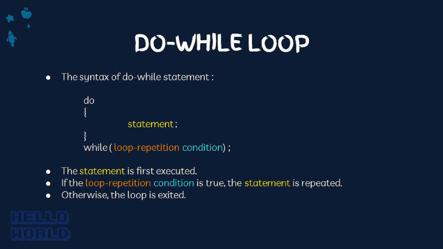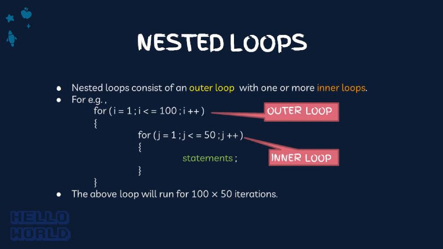The next topic is nested loops. Nested loops consist of an outer loop with one or more inner loops. For example, for i = 1; i <= 100; i++, open the brace and write the next loop, that is for j = 1; j <= 50; j++.